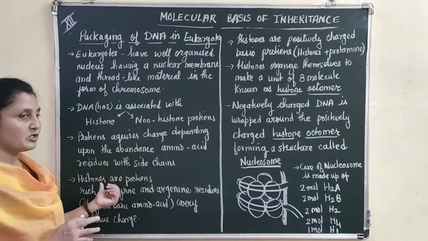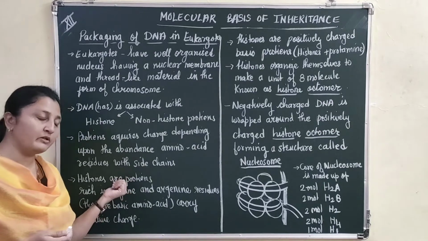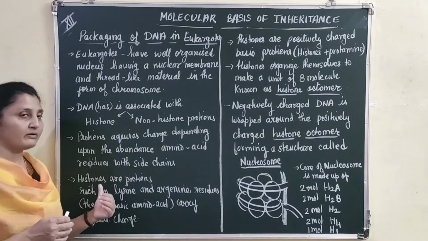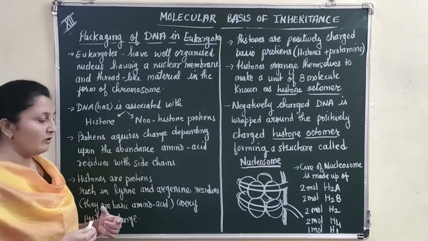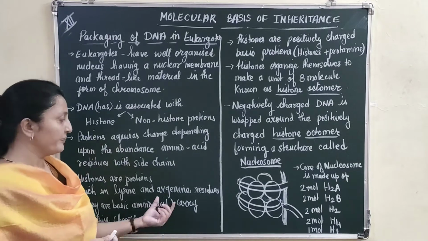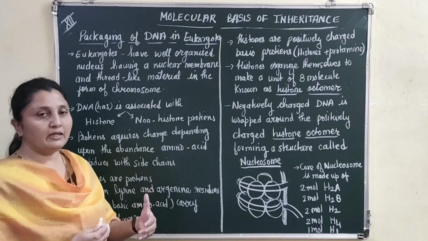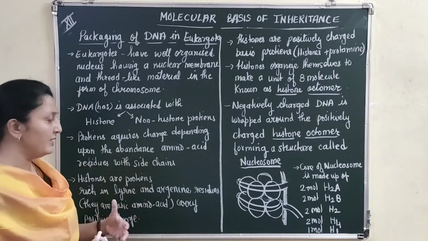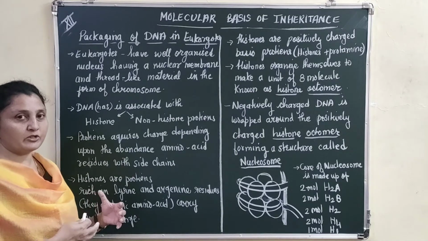So if you talk about histone proteins, those are the proteins which are associated with DNA in eukaryotes. The histone proteins are rich in the amino acids called lysine and arginine, right? So lysine and arginine are present in a large amount in eukaryotic histone protein residues.